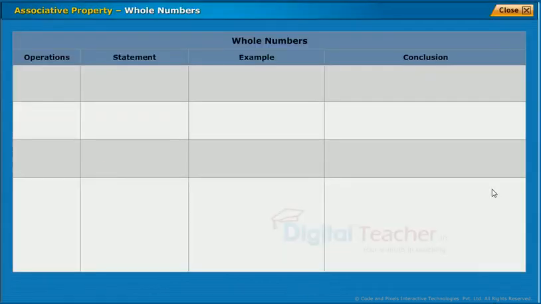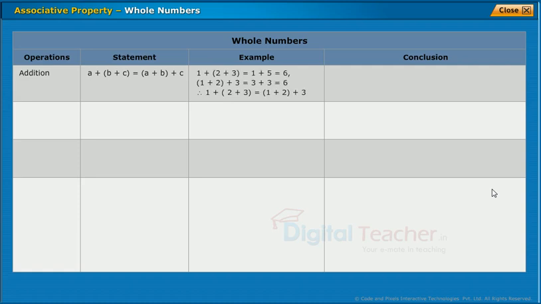Let us see the associative property of operations on whole numbers. Under addition, it states that the sum of three whole numbers remains the same if the order in which they are added is changed. For example, 1 plus 2 plus 3 is the same even if there is a change in their order.